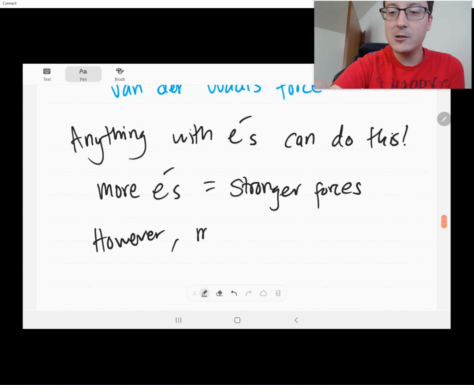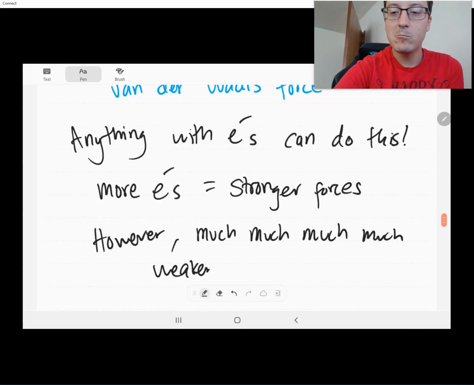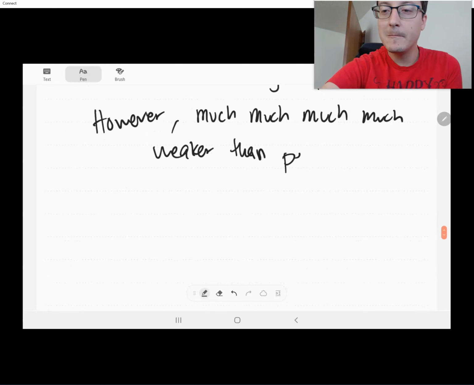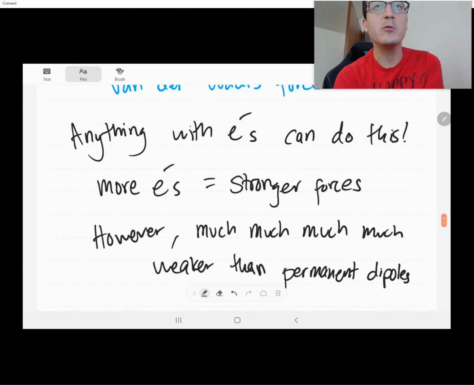However, these are much, much, much weaker than permanent dipoles. So that would be your dipole-dipole interactions or your hydrogen bonds.